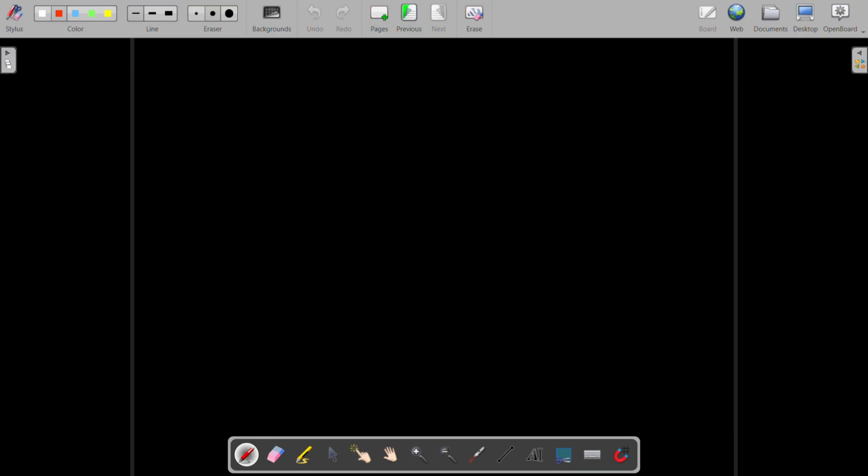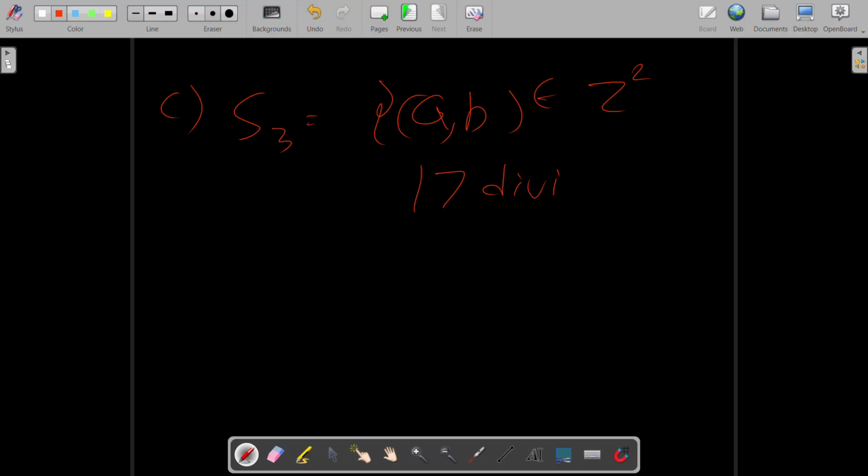The next option, option C: S3, the set of (a, b) belonging to Z square such that 7 divides ab.